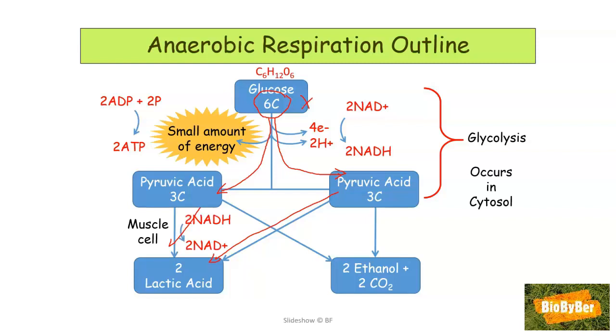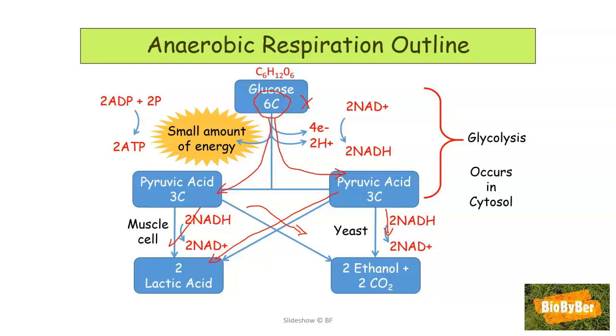The pyruvic acid is reduced by the NADH, forming lactic acid. No carbon dioxide, as we've already explained. If the anaerobic respiration is taking place in a yeast cell, then the products of glycolysis, the 2 pyruvic acids, here and here, will be reduced by the NADH to alcohol and carbon dioxide.